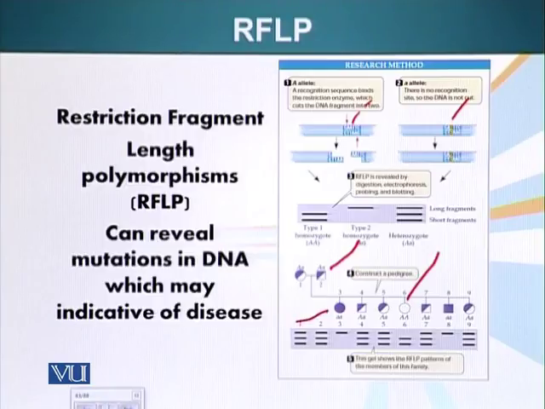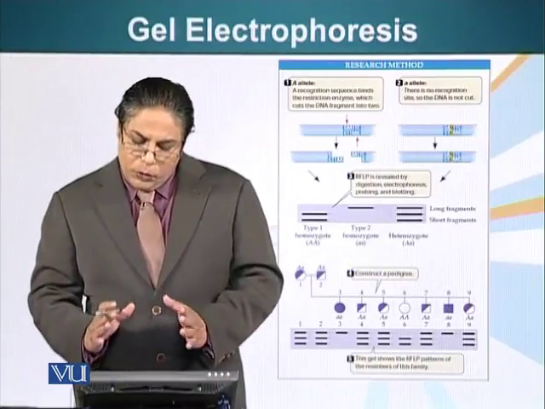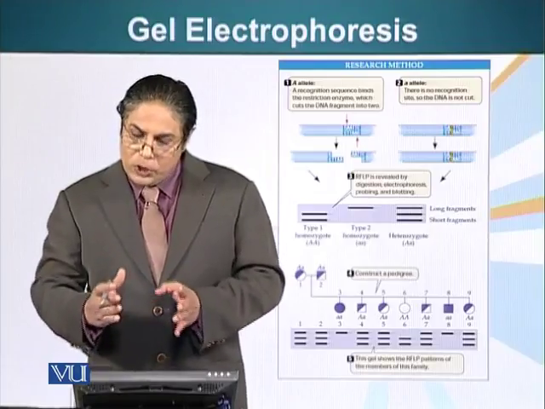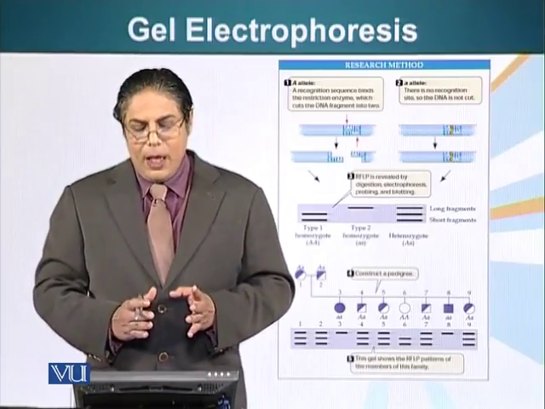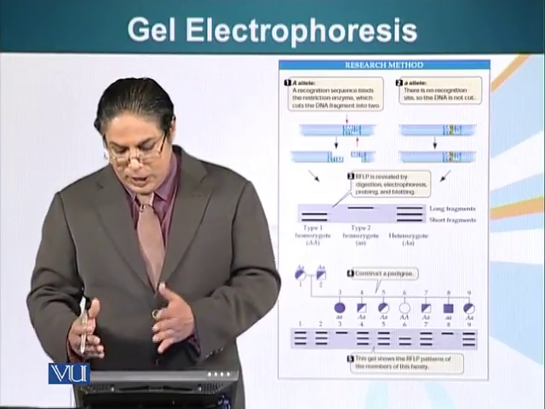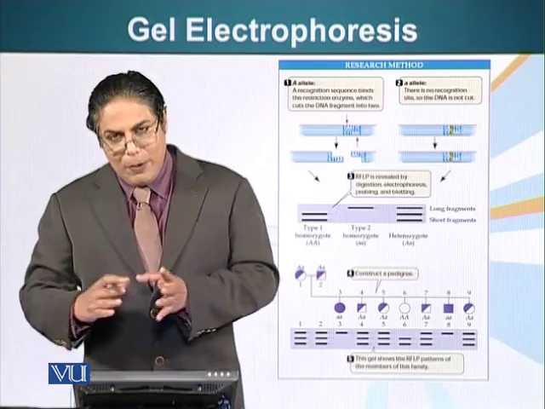So we can build a pedigree and follow this particular gene or mutation in the pedigree. We haven't talked about how we detect the products of restriction endonucleases, whether the DNA has been cut or not. But here I just wanted to show you that these mutations in alleles are also inherited in Mendelian fashion. Next, we will talk about how you can detect DNA restriction endonuclease sites, whether they have been mutated or not.